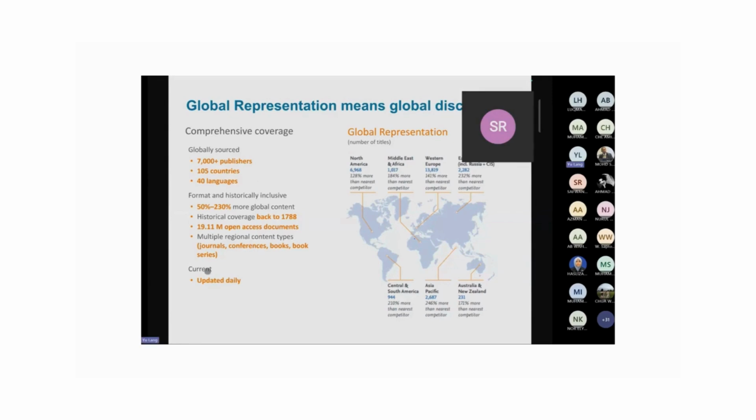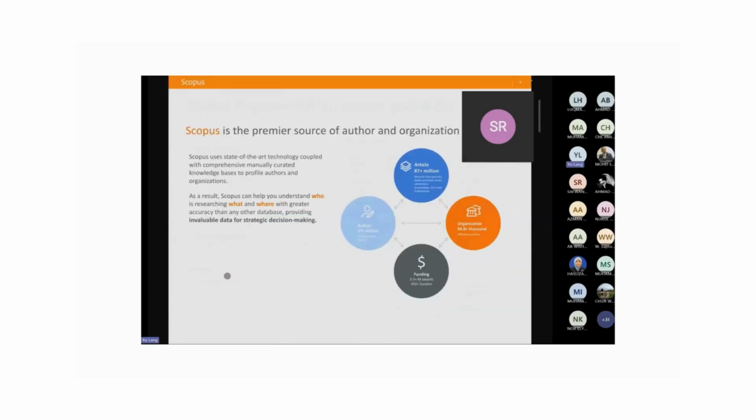And the content is updated every day. So Scopus is not only used for literature search, it is also a premier source of author and organization data. As a result, Scopus can help you understand who is researching what and where with greater accuracy.